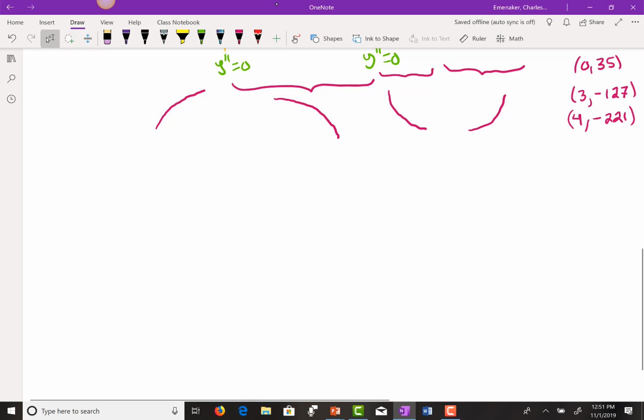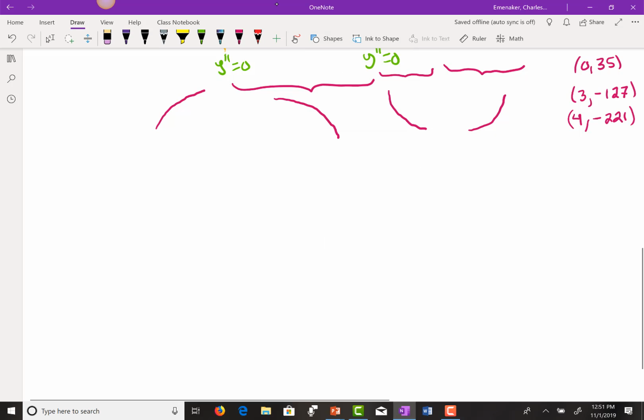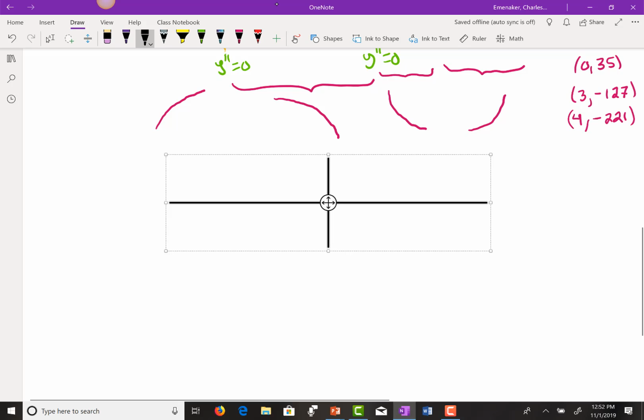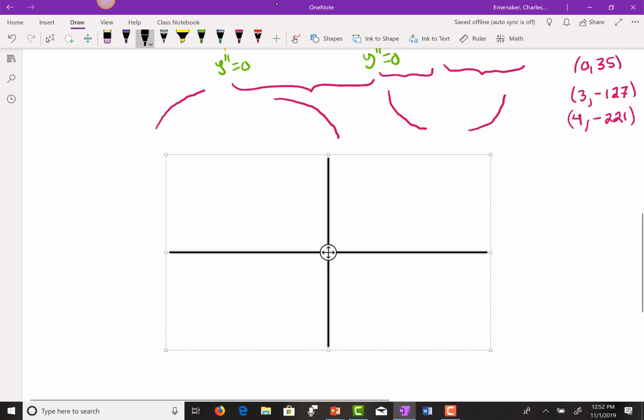What I'm going to do now is do something like that. I've got to watch my scale.